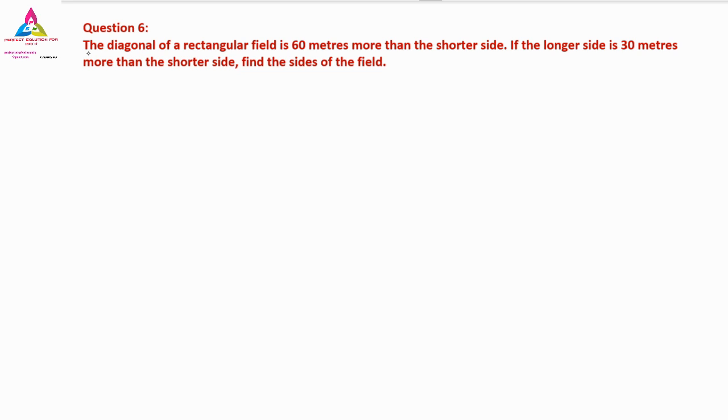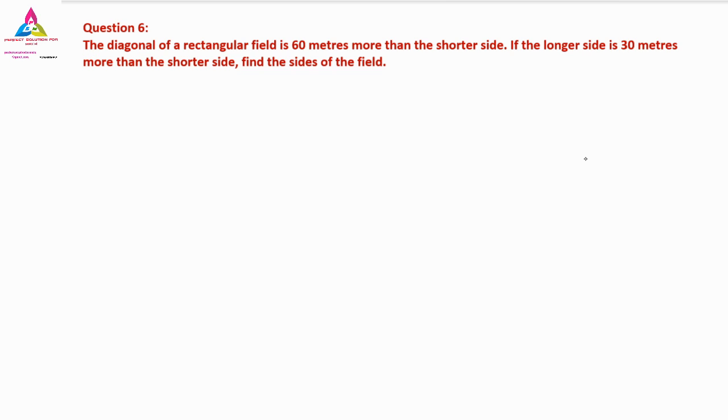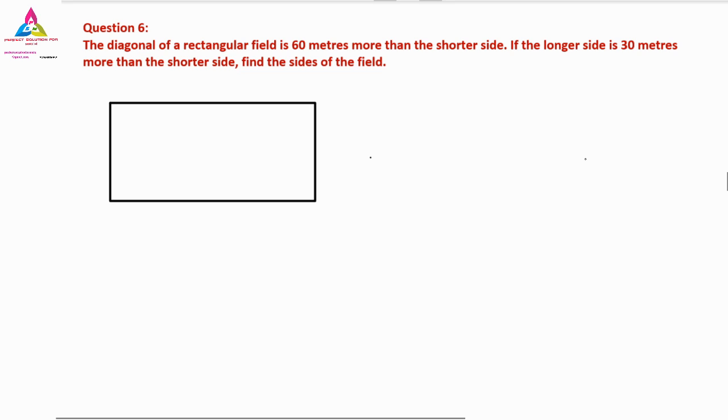How to solve this now? See, they are talking about the rectangular field. So I will draw one rectangle. So in this rectangular field, what have they actually given? See, they have given several things here, mathematical words they have used. So which are the mathematical words? I will give 1 minute of time.